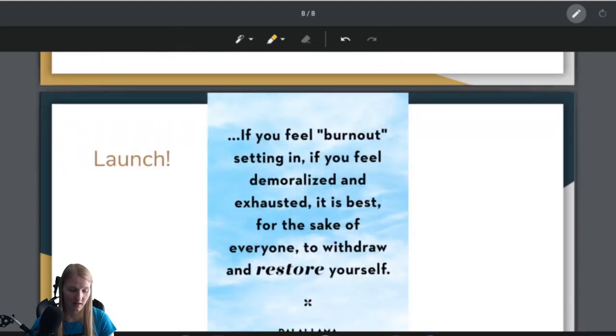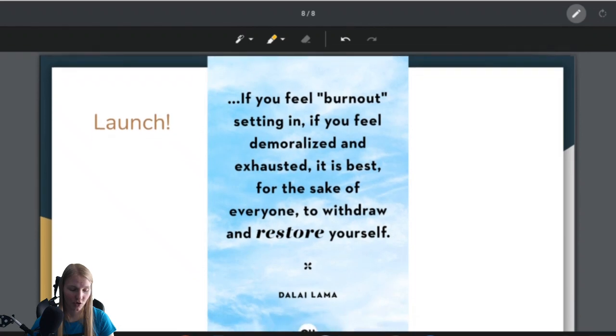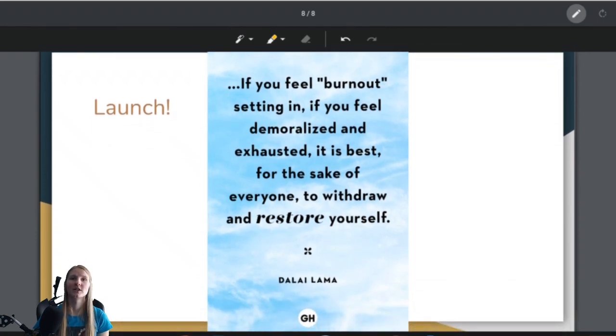And lastly, your launch for today is from the Dalai Lama. If you feel burnout setting in, and burnout is if you feel demoralized and exhausted, you've lost passion for the things that you really cared about before, it is best, for the sake of everyone, to withdraw and restore yourself.